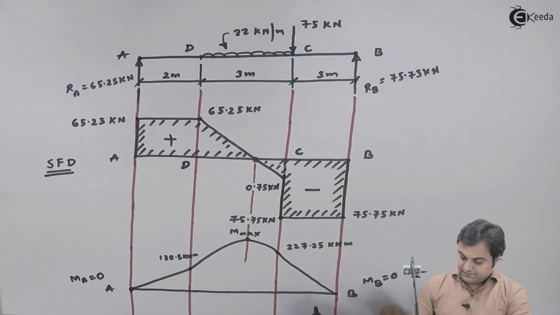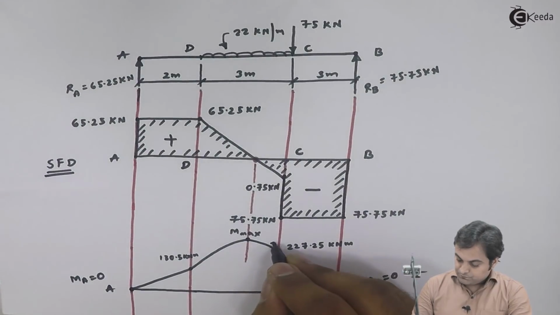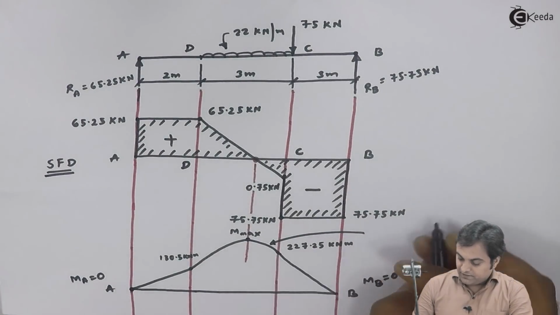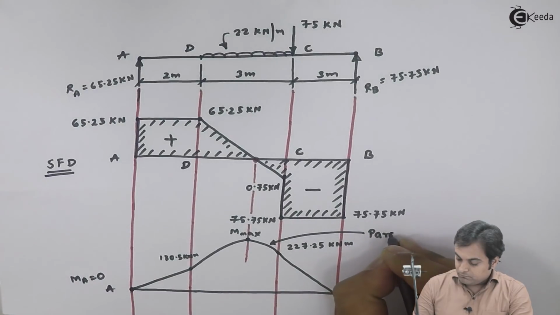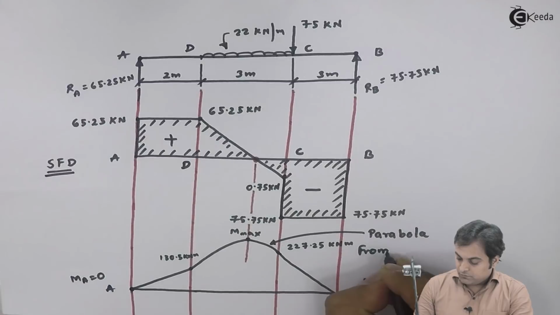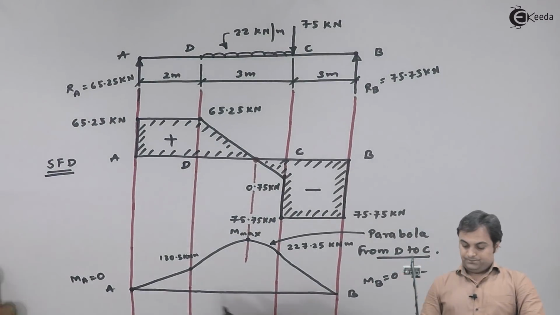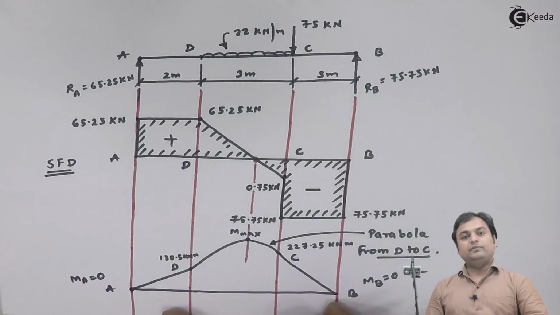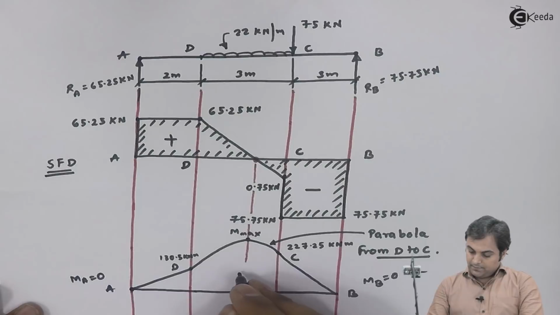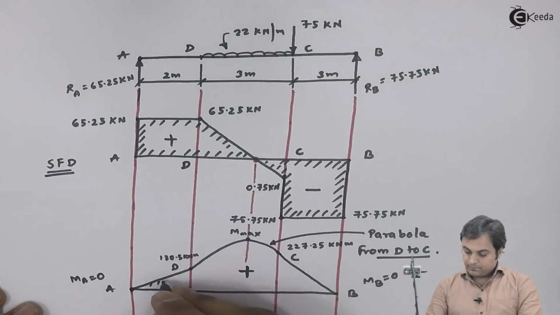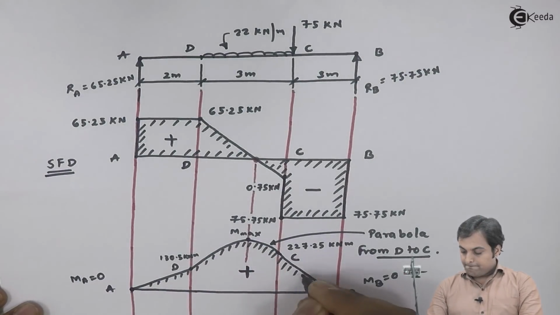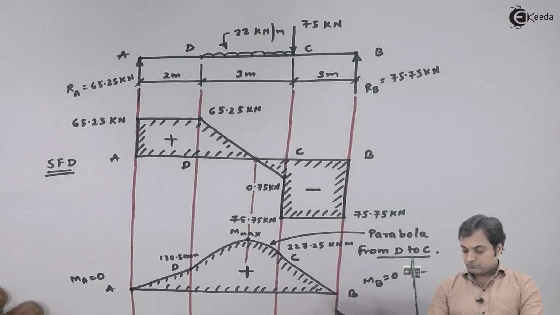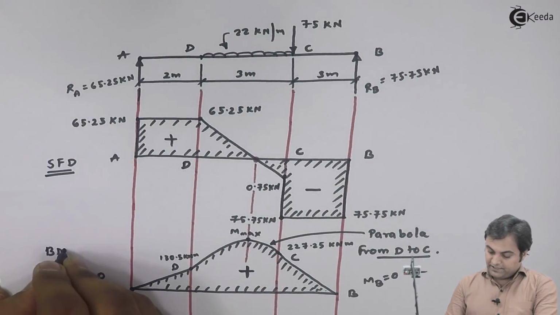Here I can say that we are having a parabola from D to C. And since all the values of bending moment are positive, I'll mark a plus sign here. So this is the bending moment diagram which we have.